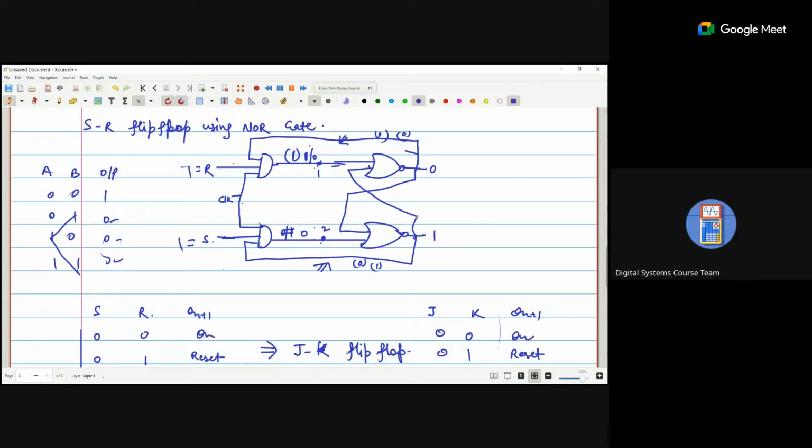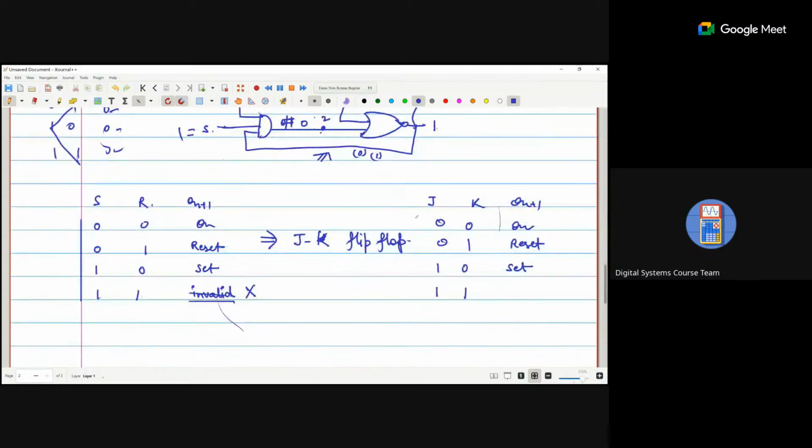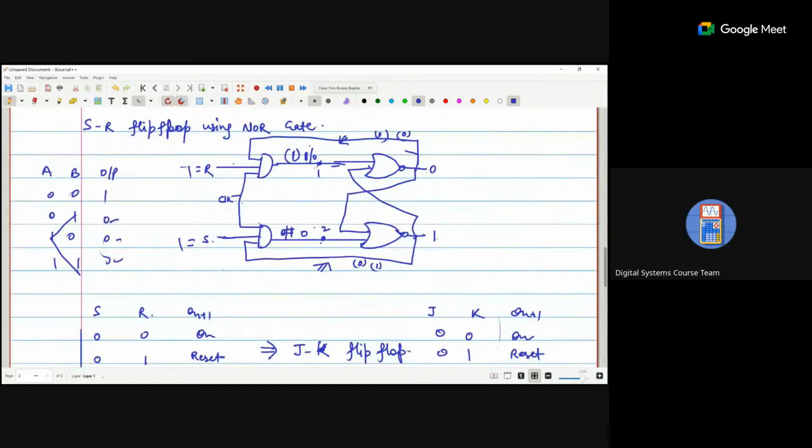it will be 0 1. This one is K, J. Now 0 comes from here, K is 1, so it becomes 0. 1 goes here.